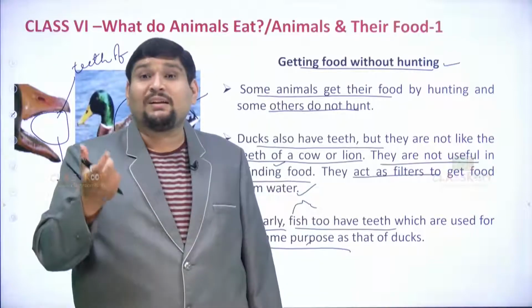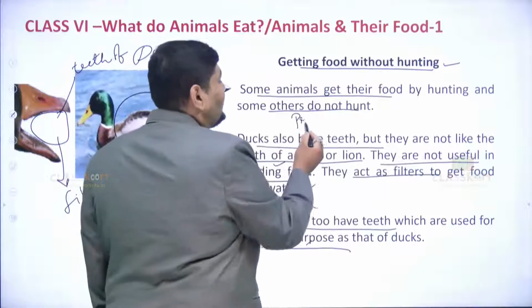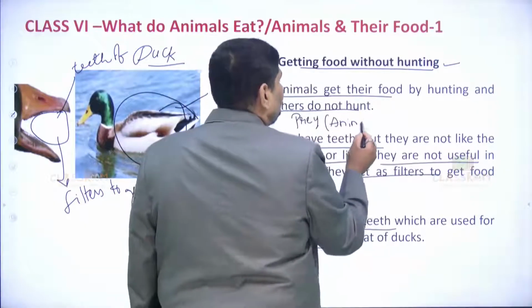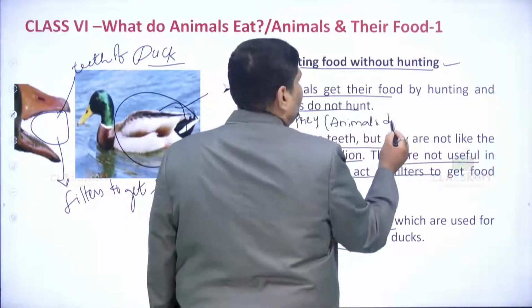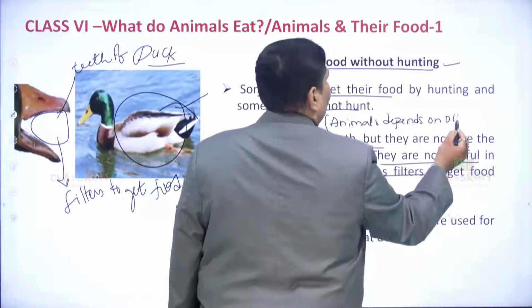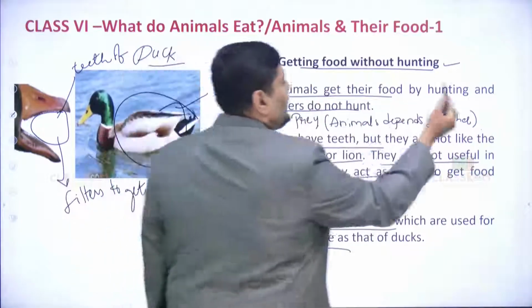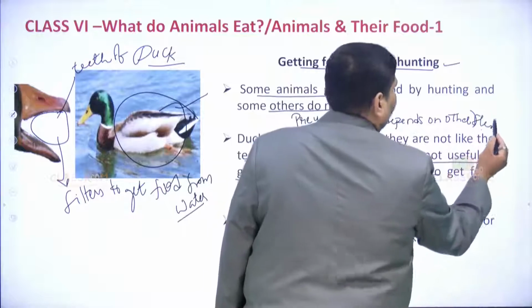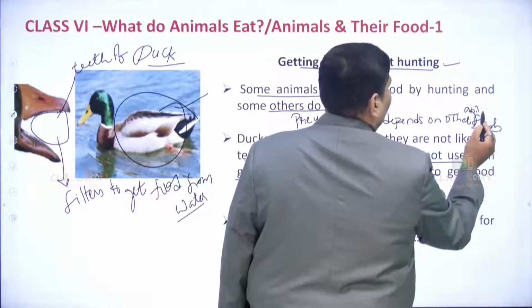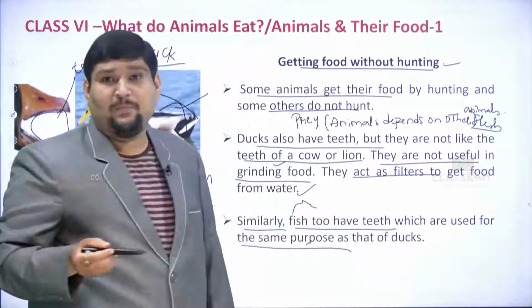So that is the reason we call it prey, P-R-E-Y. Prey is the food here: animals depend on the flesh of other animals, and that flesh we call prey.